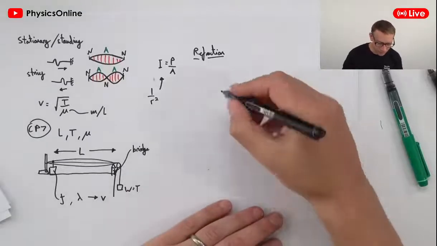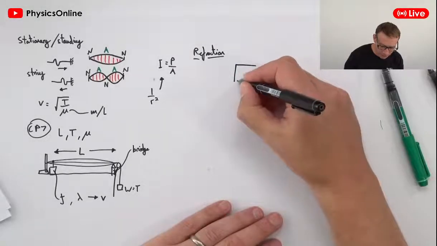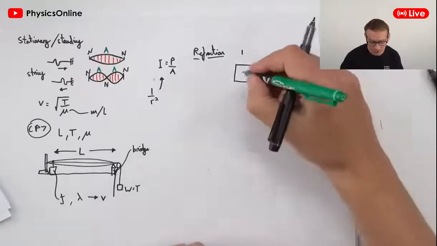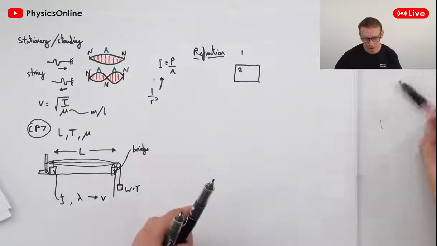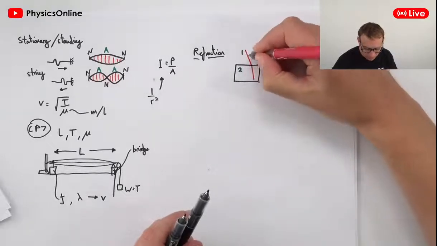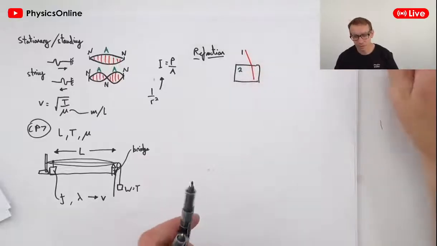Now, if we have medium 1 out here, and medium 2 in here, and we look at the path of a wave through these two things, maybe this wave slows down as it meets the boundary.